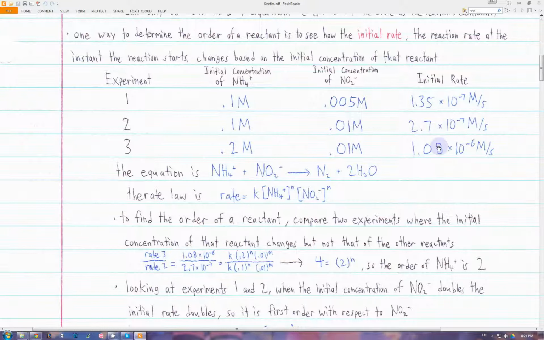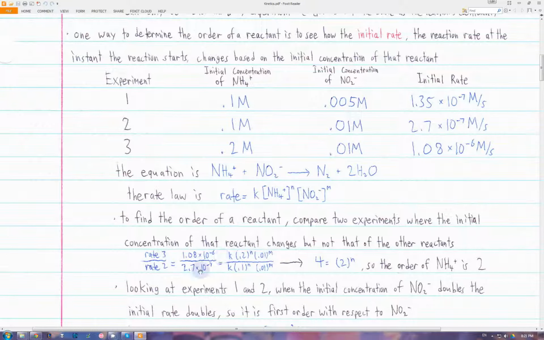So rate 3 over this rate is going to be equal to K times the initial concentrations of the reactants raised to their power, the order that we're trying to find.